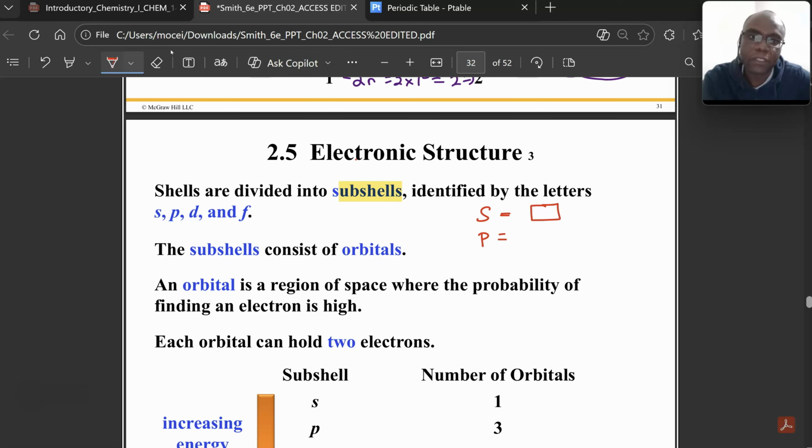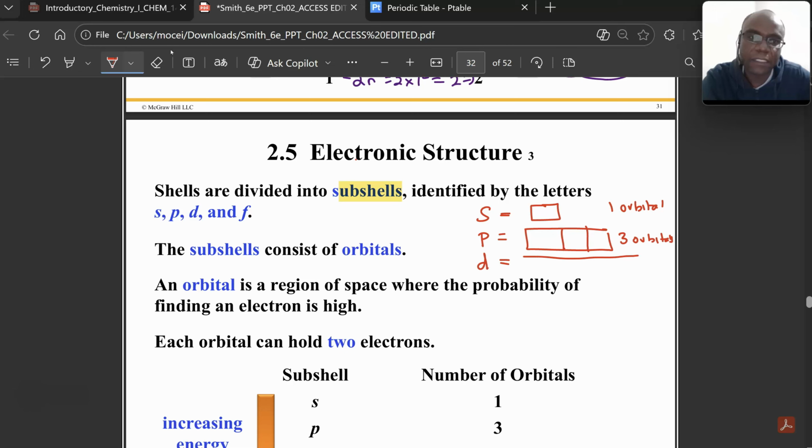The P contains 3 spaces. I call them spaces because the orbitals are the spaces, or area, or volume where you're likely to find an electron. So this one consists of 3 orbitals. I can call this one orbital, which is the space where electrons reside.